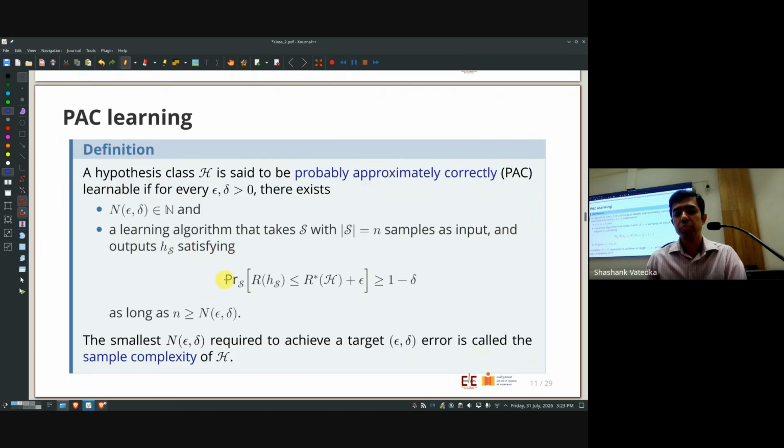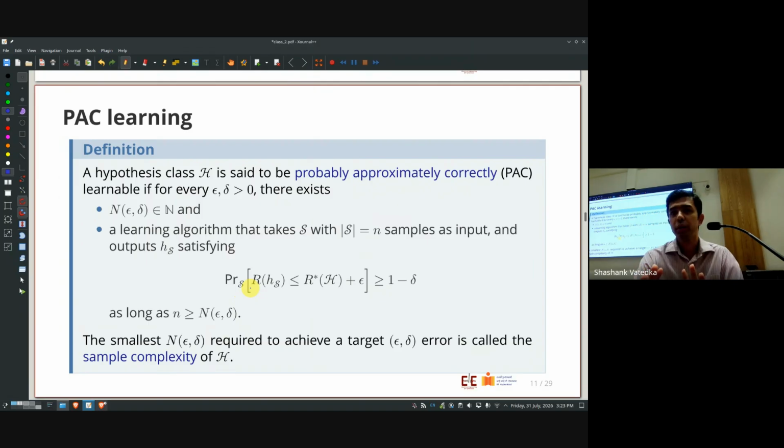So if you look at this particular quantity, the probability that the generalization error achieved by our learning algorithm is less than or equal to the best in the class plus some small epsilon, and this probability is taken over S. This quantity is a fully deterministic quantity. It depends on P_xy.